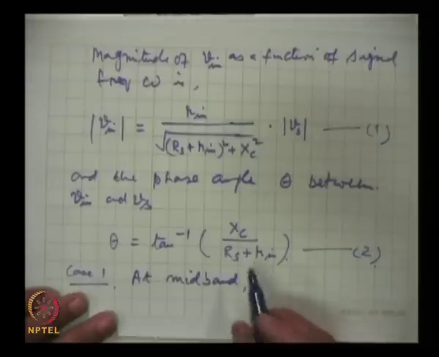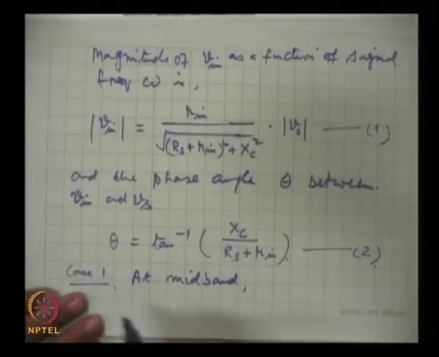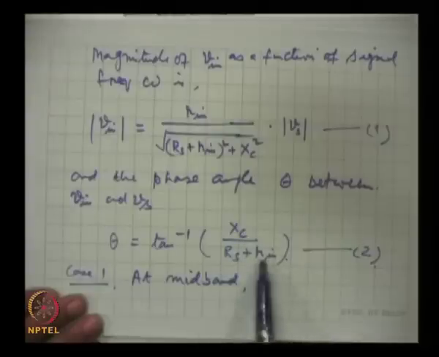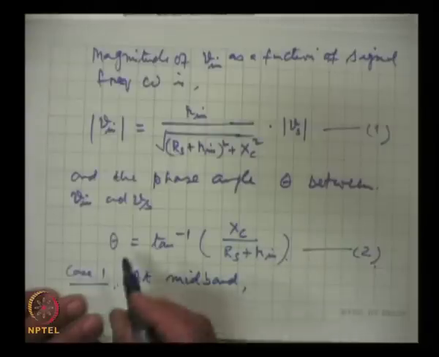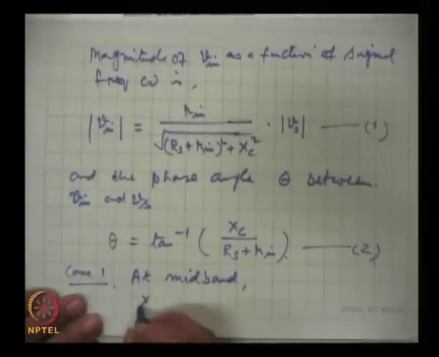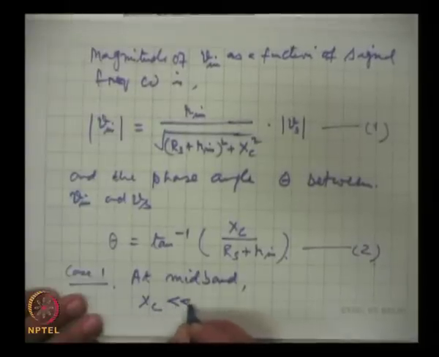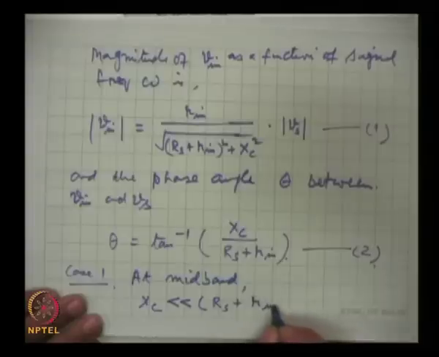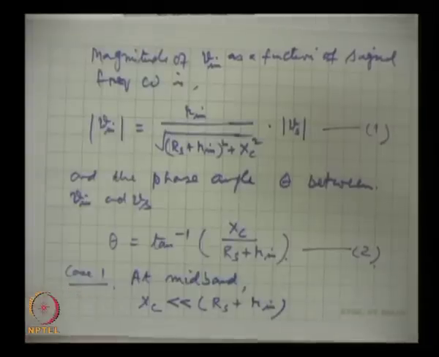In midband, the reactance of the capacitor is negligible in comparison to this, that is Xc is very small as compared to Rs plus Rin. This is how the midband is defined actually.